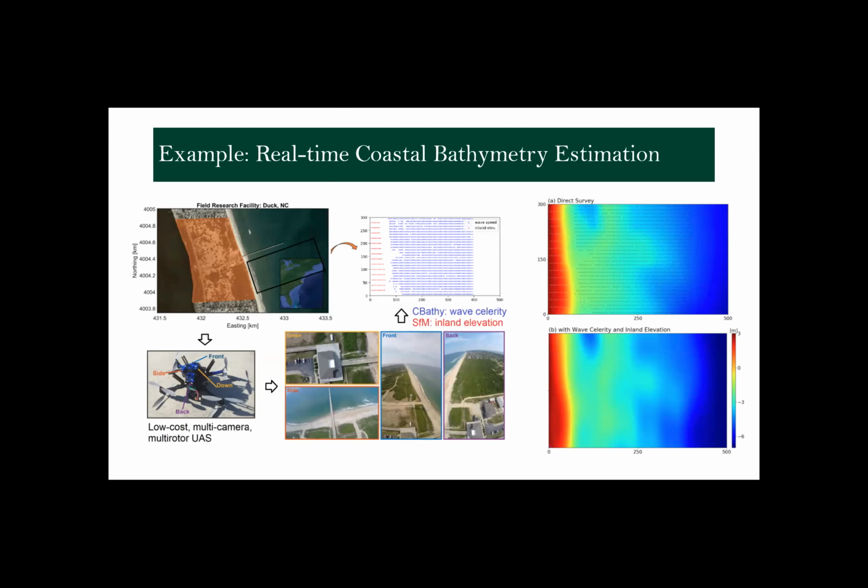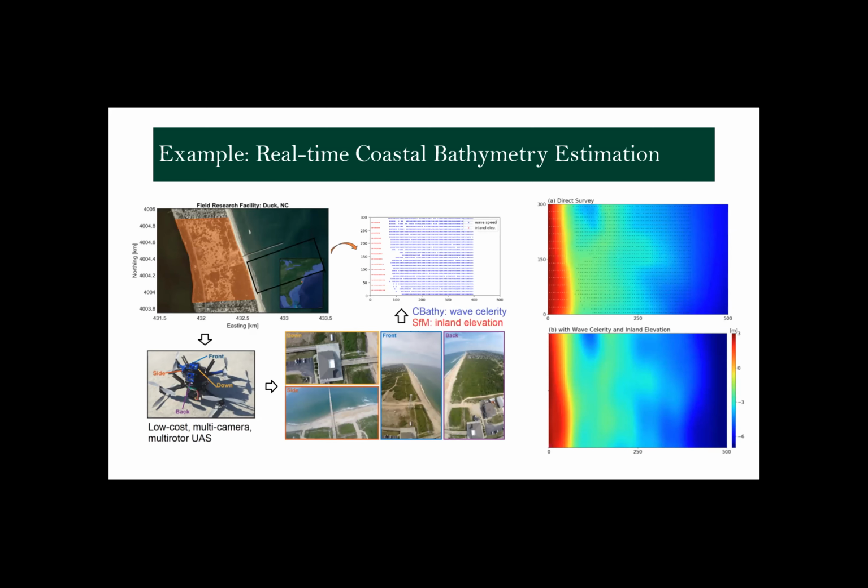Okay, so here is an example where we used this linear projection method. This is the coastal bathymetry estimation problem in North Carolina, where you observe in real time using a drone to get the wave speed near shore from the camera on the UAS.